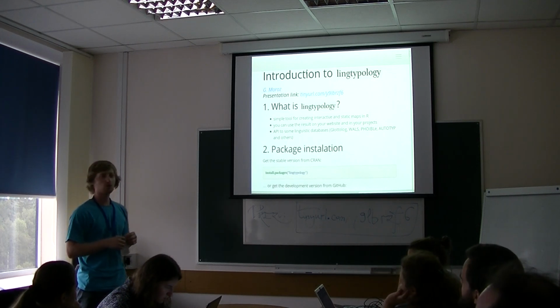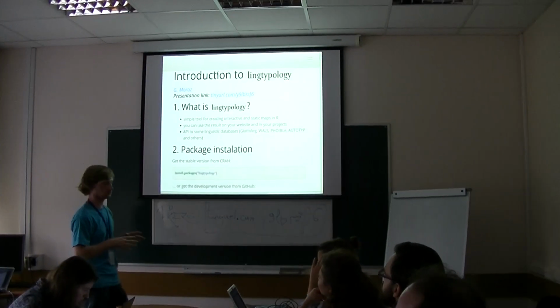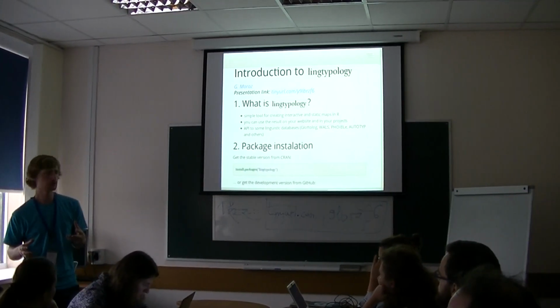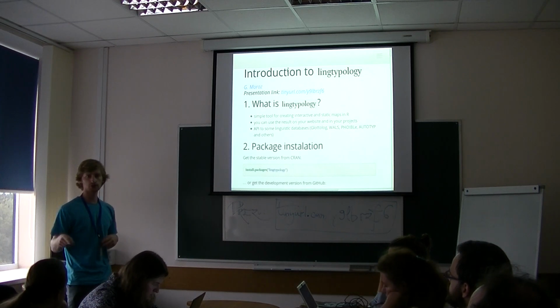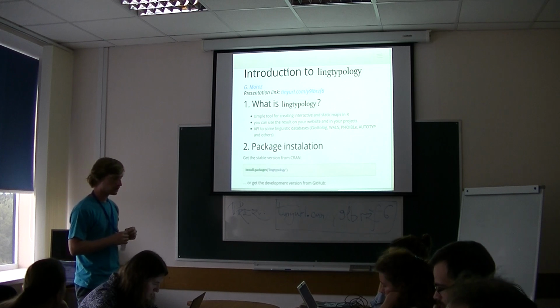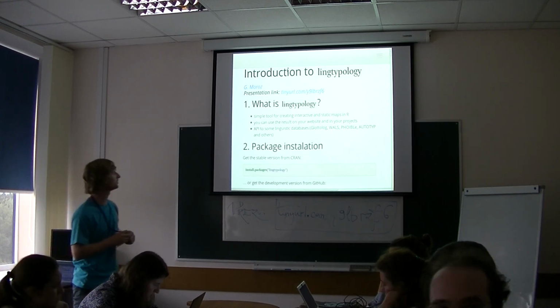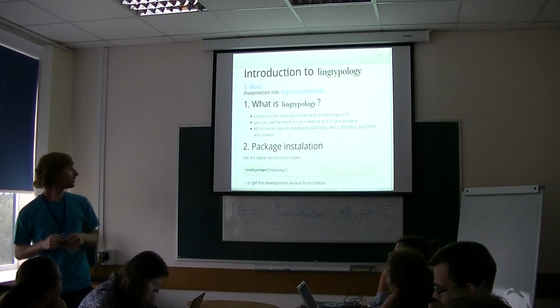It's called linktypology. Once there was a group called R Open Sci, and they review different packages that you wrote. And there I was promoted by Taras Sakharchuk, I think, and some other guy from cartography.